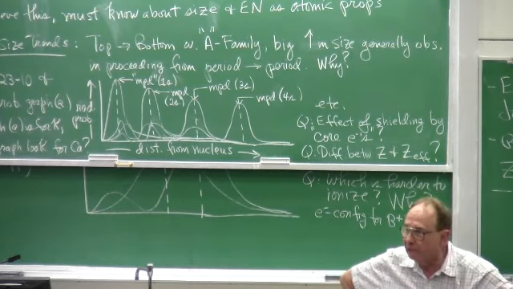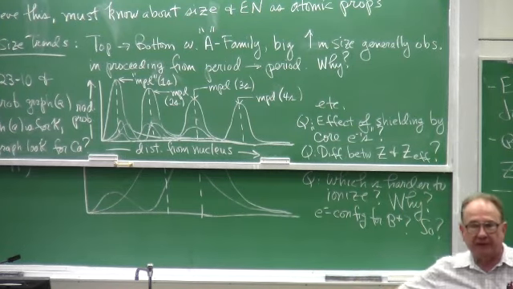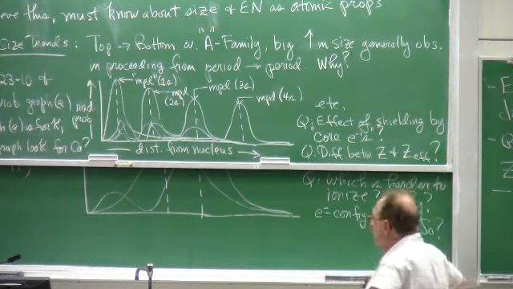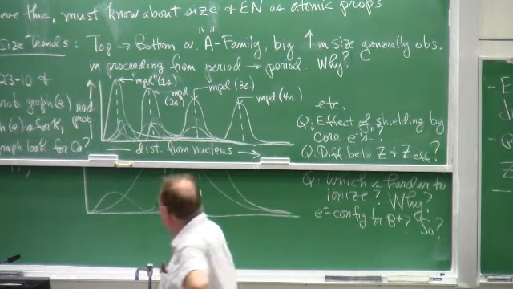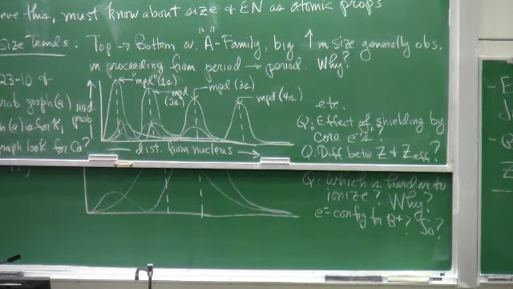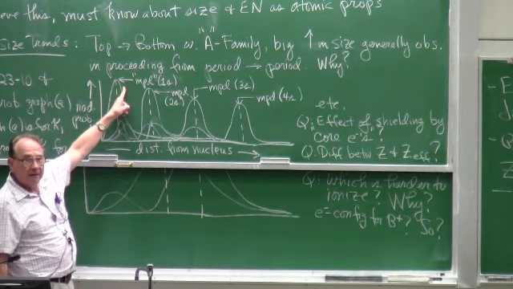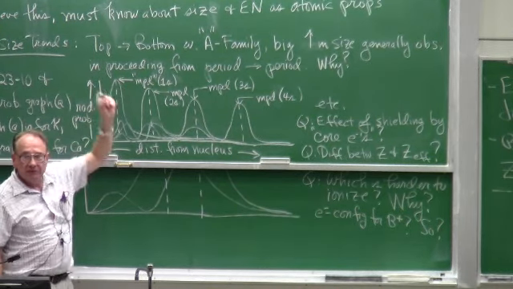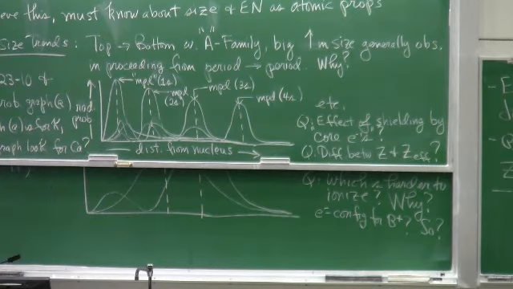And that position from the nucleus where you most often find it is called the most probable distance. That's this MPD thing that I've abbreviated in these graphs. How do you think MPD relates to atomic size?